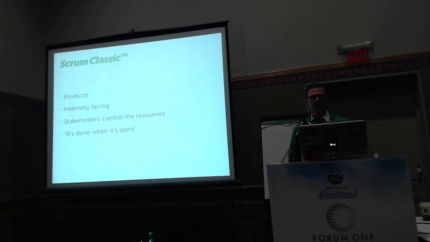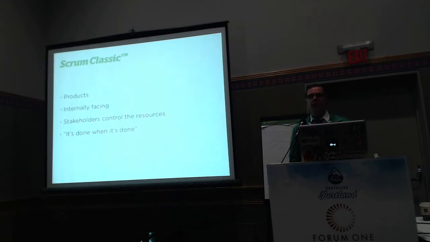Scrum Classic is all about products. So you might work at IBM or Google or Apple or someplace where you are trying to ship something, where you have a potentially shippable product at the end of a sprint. All the jargon around Scrum has to do with products, so there's a product owner, it's very product focused.